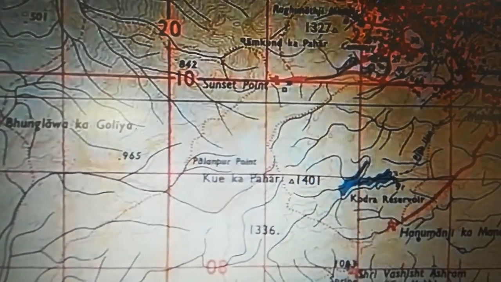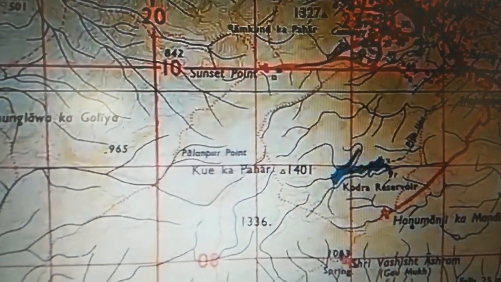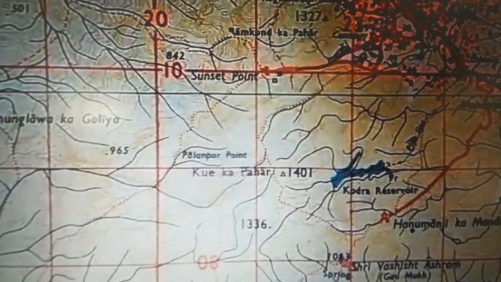First we have to know what contour lines are. Contour lines are imaginary lines connecting points of the same height above mean sea level.